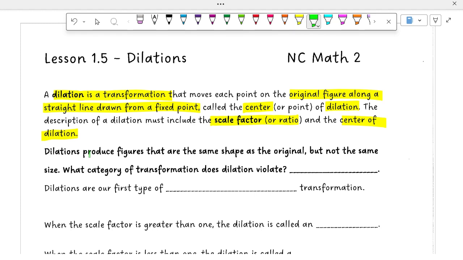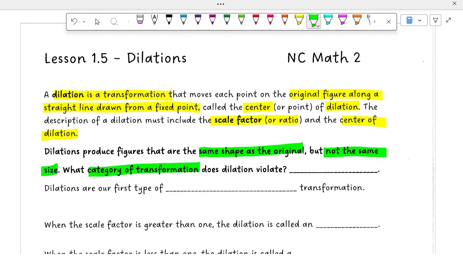So that being said, a dilation produces a figure with the same shape as the original, but not the same size. So what category of transformation does dilation violate? Every transformation that we have done up to this point has been a what? Rigid motion.